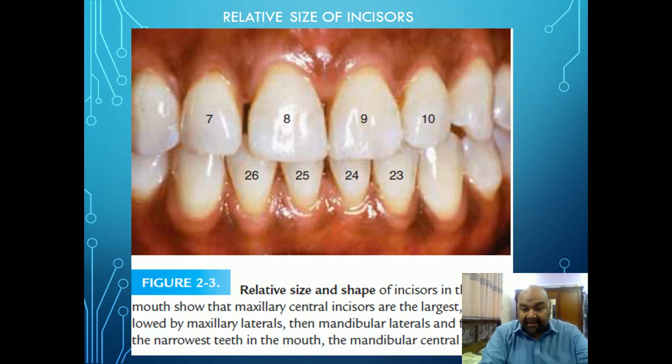Mandibular central incisors are considered to be the narrowest teeth in terms of mesiodistal dimensions in our oral cavity, and they're the most bilaterally symmetrical teeth in the oral cavity. So they are the smallest, the narrowest in terms of mesiodistal dimensions, and also bilaterally symmetrical. Bilaterally symmetrical means that their mesial surfaces are mirror images of the distal surfaces, and the contact points are both at the same level, which is the incisal 1/3.